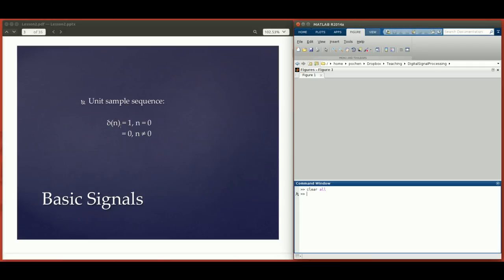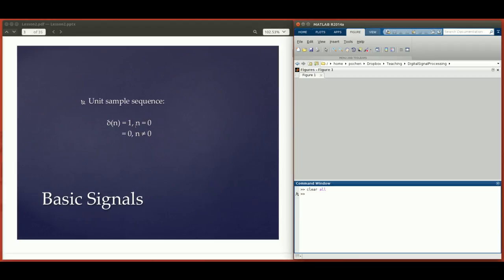For this particular function, what we really want is a unit sample sequence that's not exactly centered at n equals 0. We want to make the location of the unit amplitude a variable that the user can enter. And we also want a variable range. So here n is not specific to a particular range.